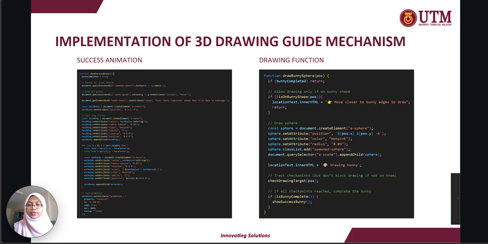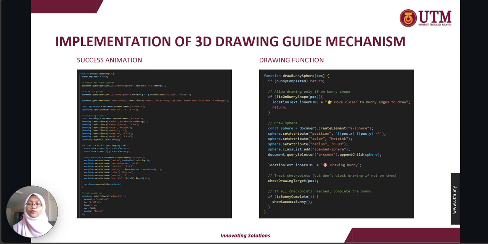So next is the success animation. And then finally, the drawing function. In the drawing function, it first checks whether the shape is already complete. If already complete, the drawing will be disabled. If not, it checks if the hand is close to the shape.